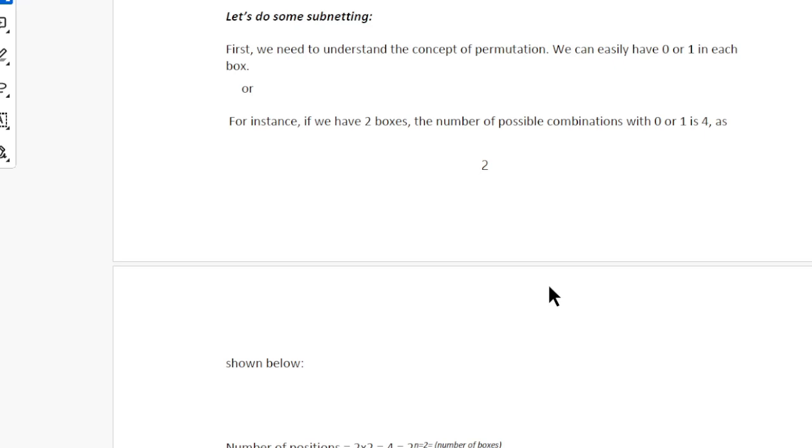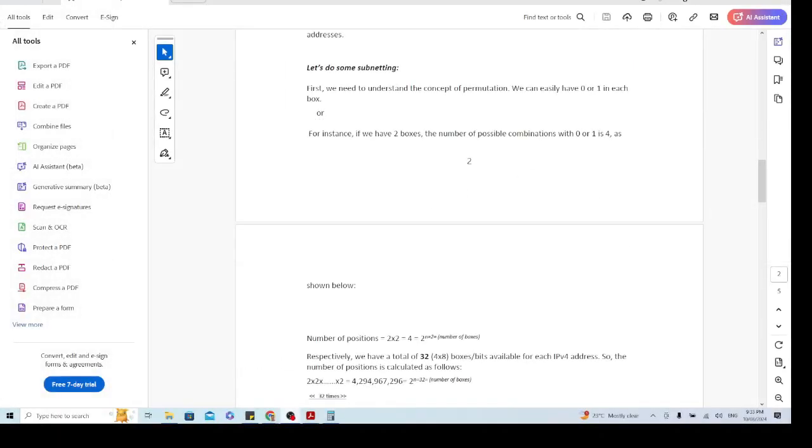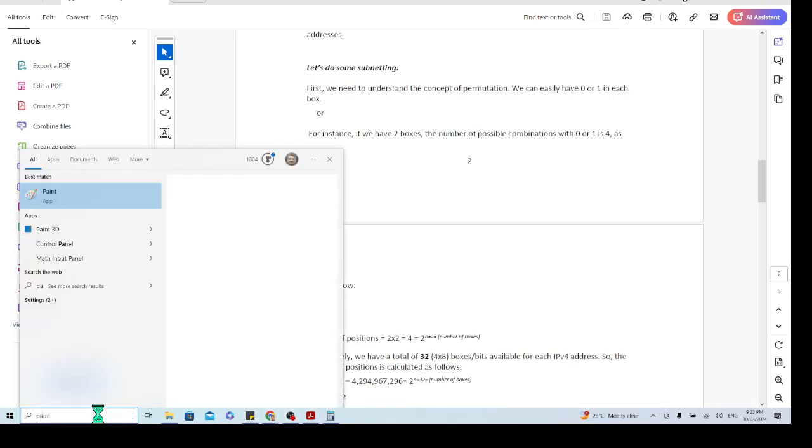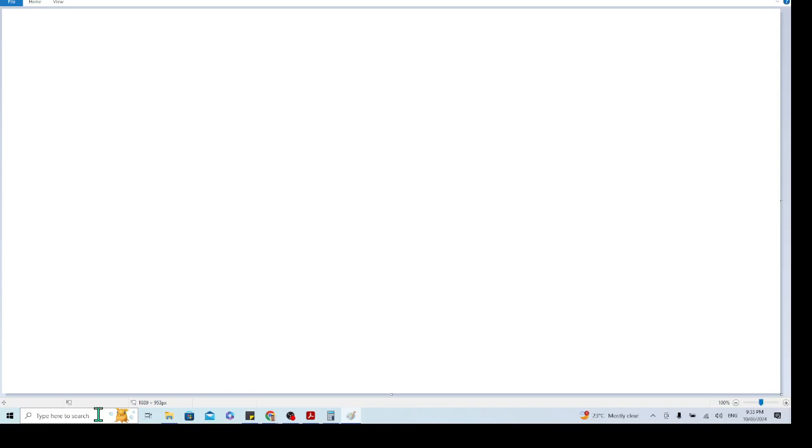I just want to tell you about that permutation concept, which I'm pretty sure I talked about previously, but just in order to have a recap. What is permutation? Easy. Permutation is saying this. You've got, for example, two boxes here.